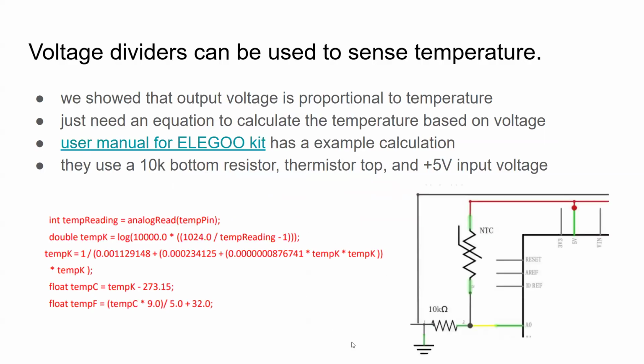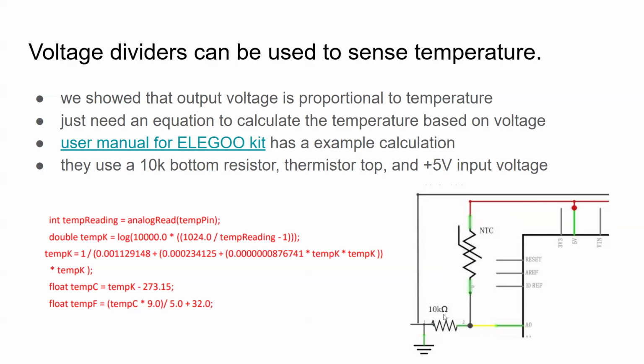They've actually done that in the Elegoo kit. Within the user manual, they have an example of how to calculate the temperature based on this specific setup. We have the NTC thermistor tied to 5 volts, and the other end tied to analog pin A0.